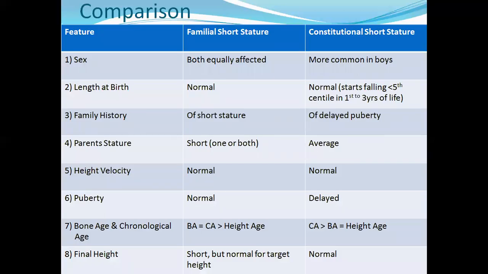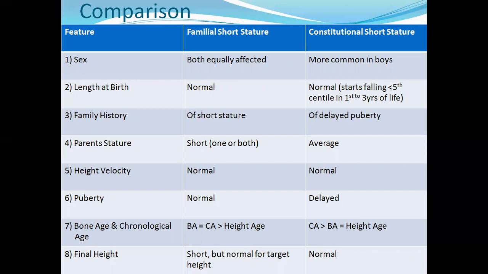Comparison. Now there is a comparison table where we can see the difference between familial short stature and constitutional short stature. Sex: both are affected in familial, and in constitutional it is more common in boys.